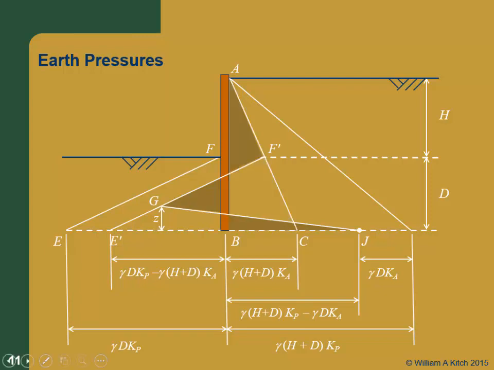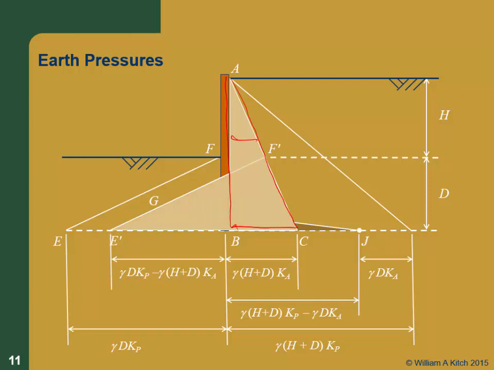And so I can think of this, if I want to, as adding up three different triangular sections and adding them together. So I can take this triangle, which is going to be my active earth pressure. I'm going to sort of do like a superposition problem here. I'm going to take this one that's acting in this direction.